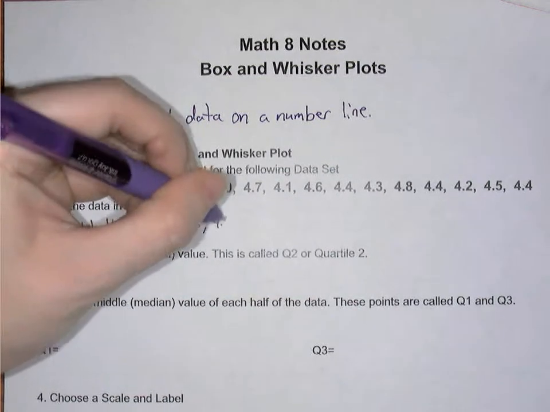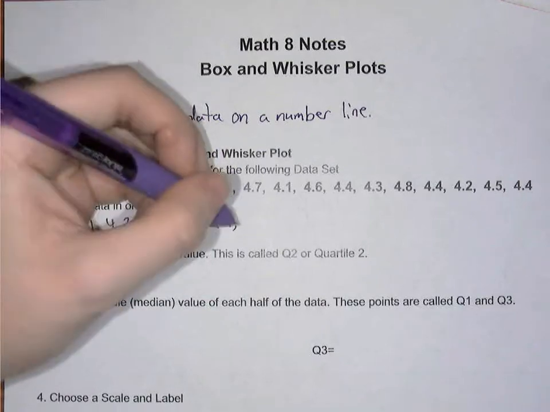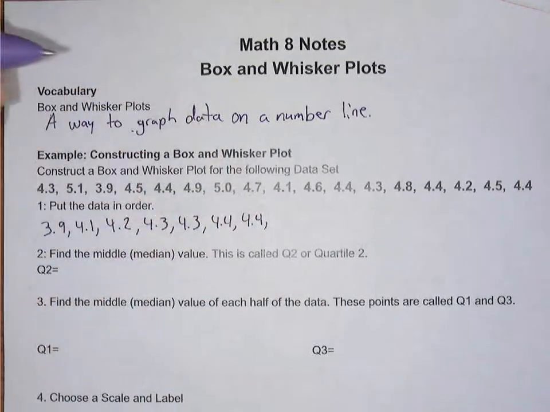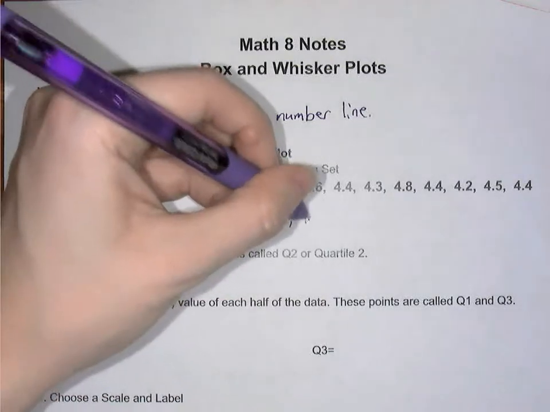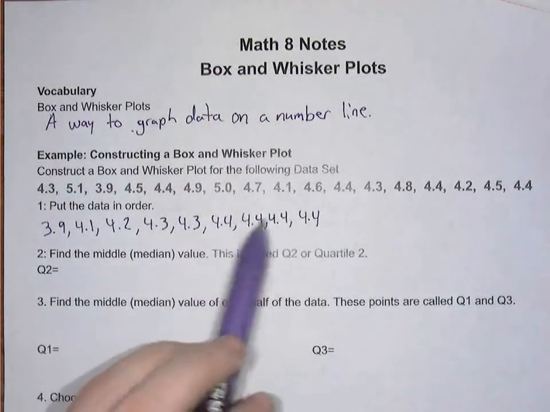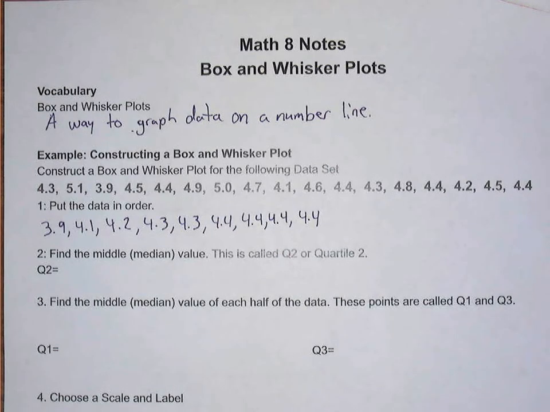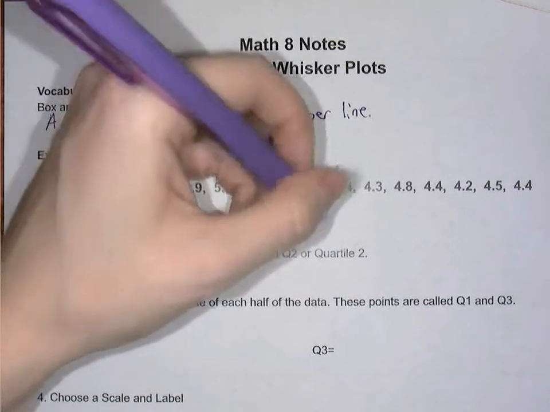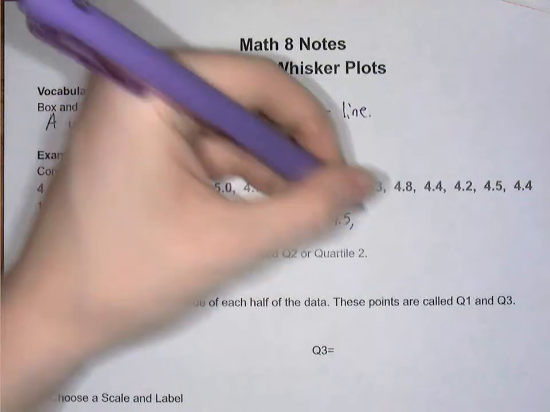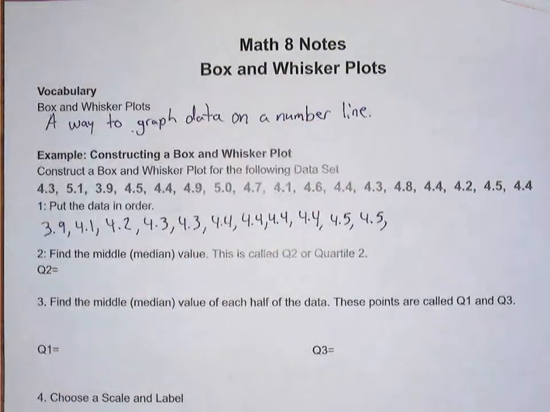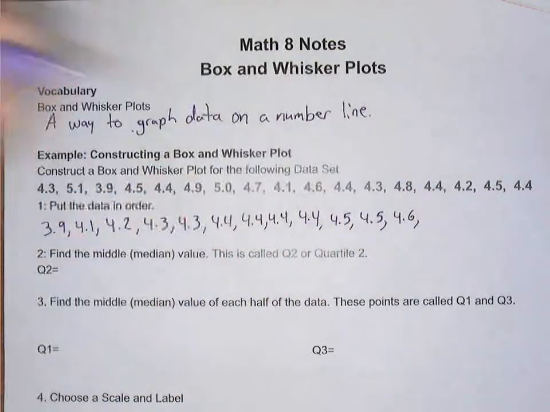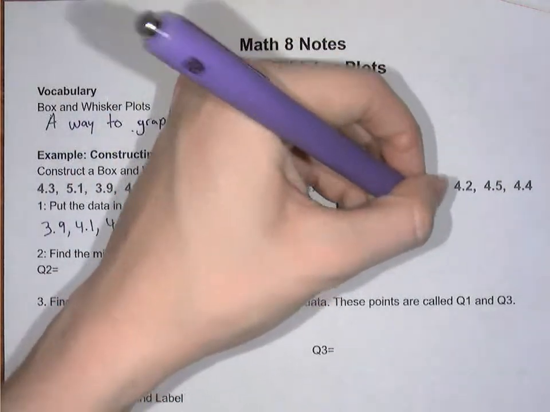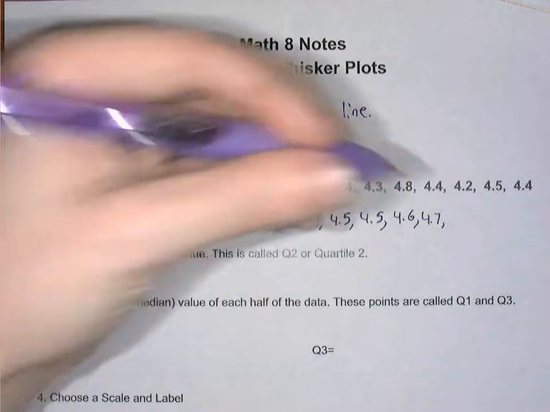Then we've got 4.4, another 4.4, another 4.4, and another 4.4. So we've got 4 total 4.4s. Then we've got 2 4.5s. And then we've got a 4.6 and a 4.7, 4.8.